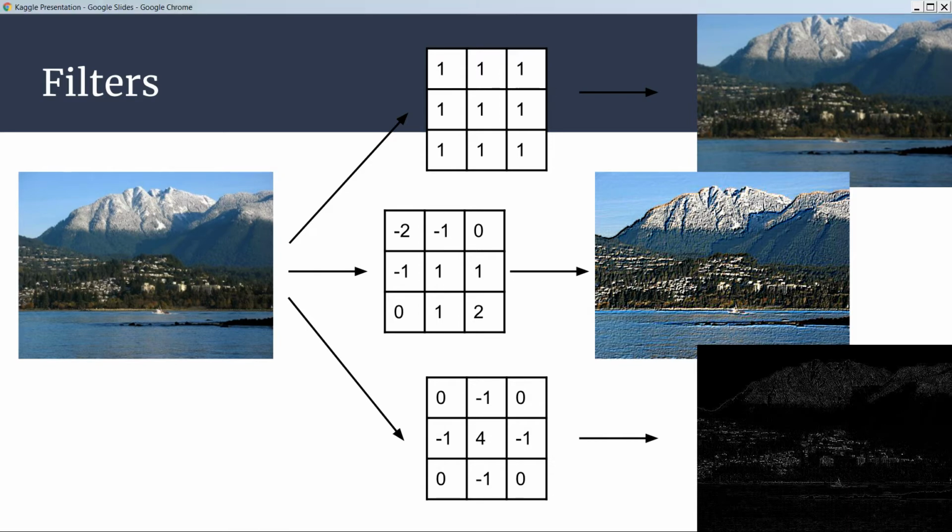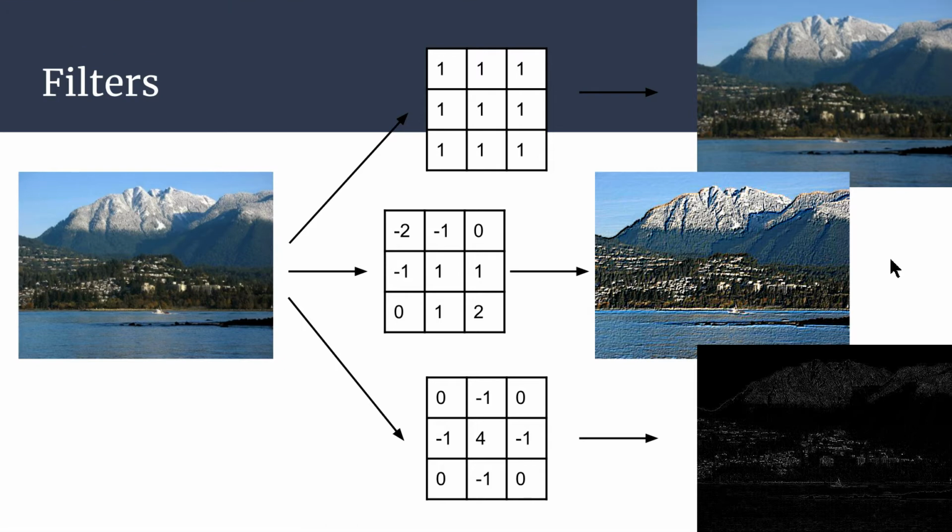The only way that you'll get a non-zero value as an output of that filter is if the image is non-uniform in some way in the area that you're looking at. If the center pixel differs from the edges in terms of its intensity, then you're going to get a different value out, which means all of the white highlighted areas in this image are what's been detected as an edge.